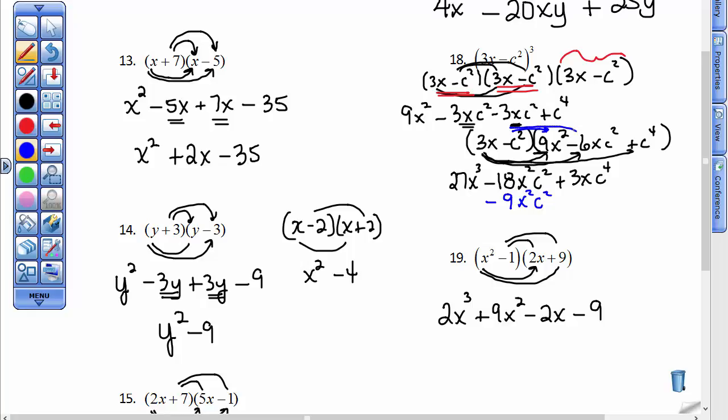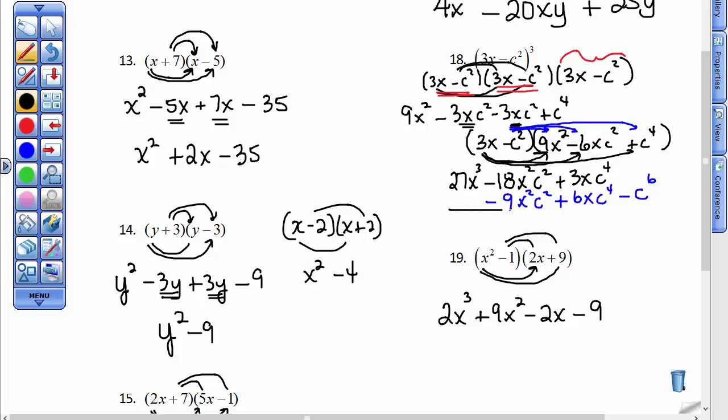This one right here, a minus c squared times a minus 6x c to the 4th. So let's see, that's going to be a x c to the 4th. So I'm going to put that one right under here, and it's going to be a plus because it's this minus times this minus is a positive 6. There's an x c to the 4th. And then finally, a minus c squared times a positive c to the 4th is a minus c to the 6th because I add their exponents.